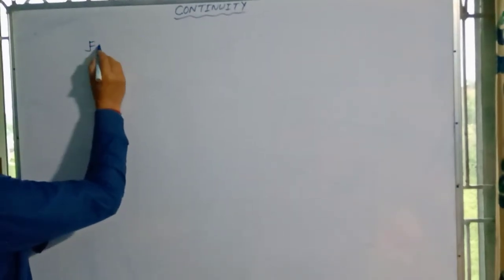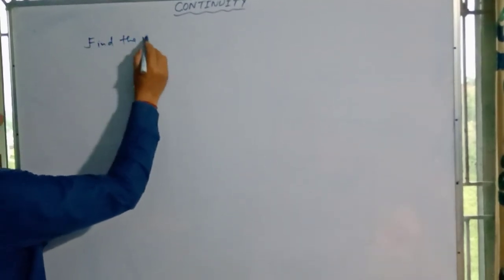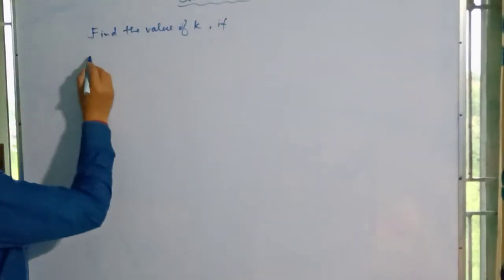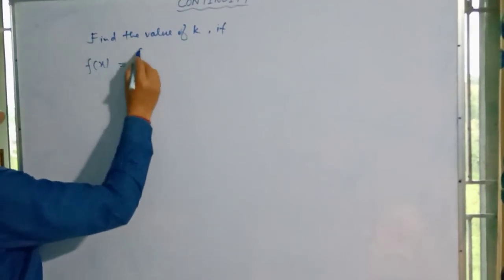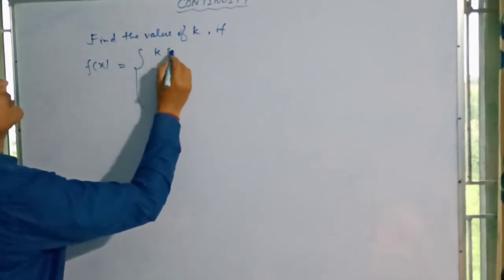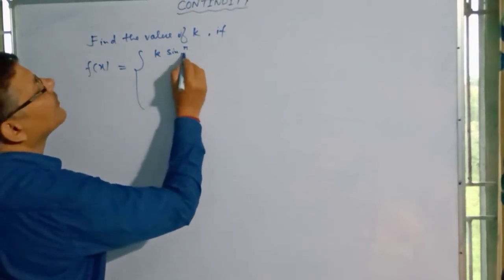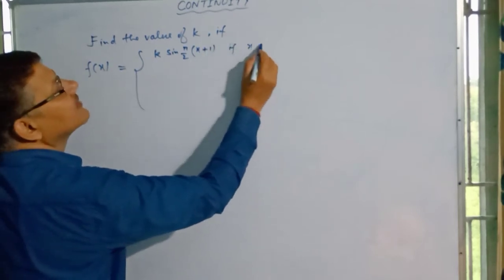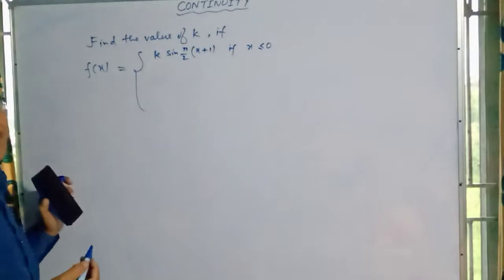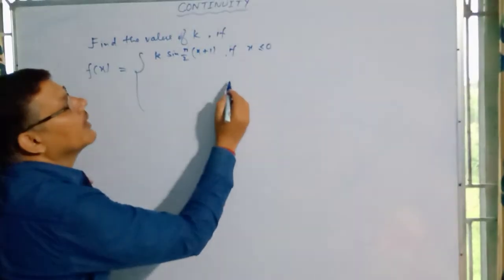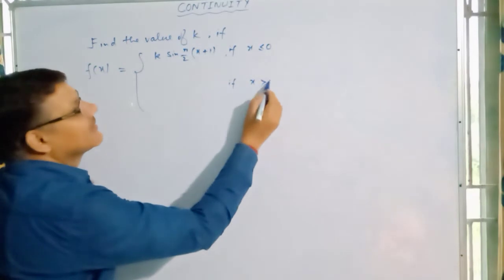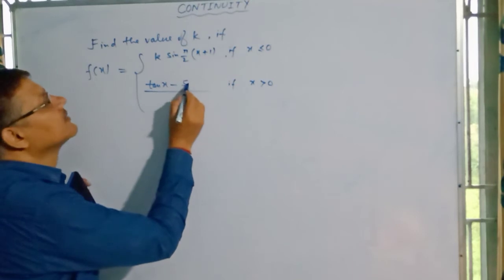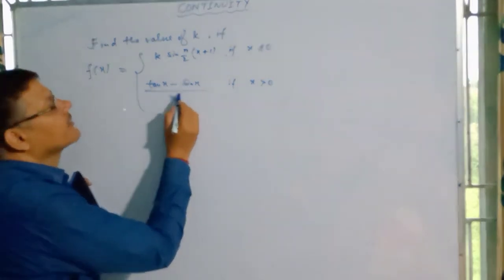So find the value of k if the function is defined like this: f(x) equal to k sine of pi by 2 into (x plus 1) if x is less than or equal to 0, and when x is greater than 0, the function is defined as (tan x minus sin x) whole divided by x cube.